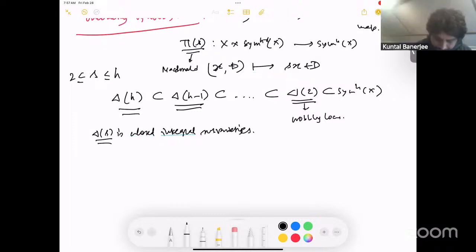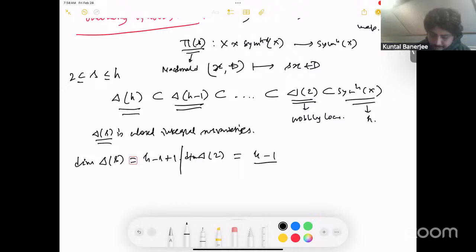So these deltas are closed integral subvarieties, and the symmetric power of X to the power h has dimension h, right? So that means all these delta s must have dimension, you can think of Krull dimension even if they are not smooth, of h minus s plus 1. In particular, the dimension of this wobbly locus is h minus 1.